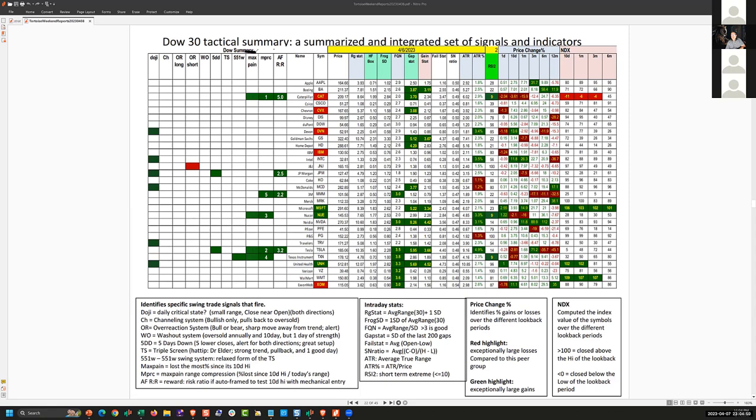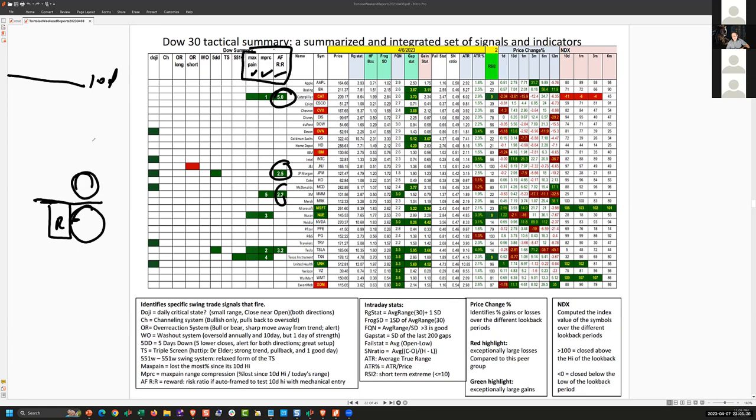Now these turn out to be strategies. Max pain, range compression, and the auto framer. I love the auto framer because it tells me from a 10-day high and whatever today's range was from the close, it expresses the distance from the mechanical entry 5 cents above the high. It counts that as R and says how many daily ranges until the 10-day high is hit, and expresses that as a ratio.